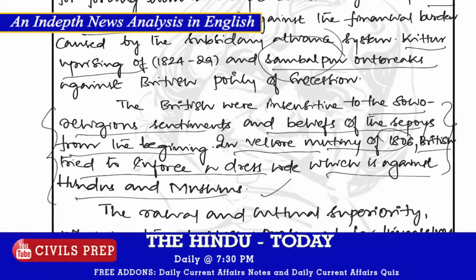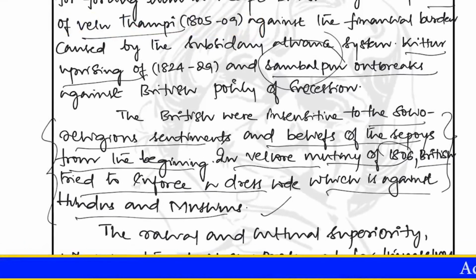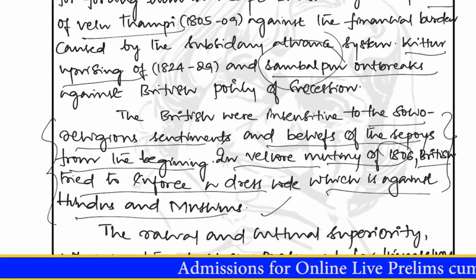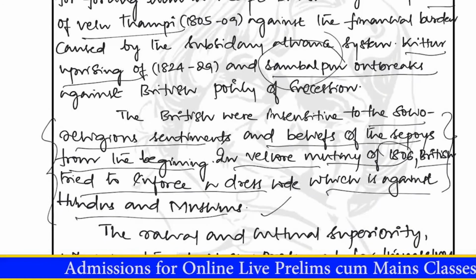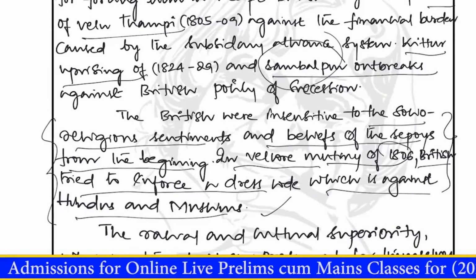So this obviously affected the religious sentiments of Hindus as well as Muslims. So they revolted. That is called Vellore Mutiny of 1806. So prior to 1857 also we have seen one more sepoy revolt in 1806. Okay, but it is not as violent as the 1857 uprising.